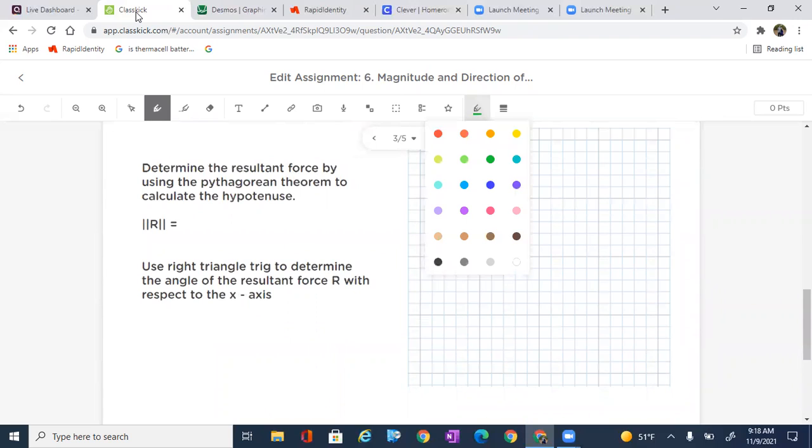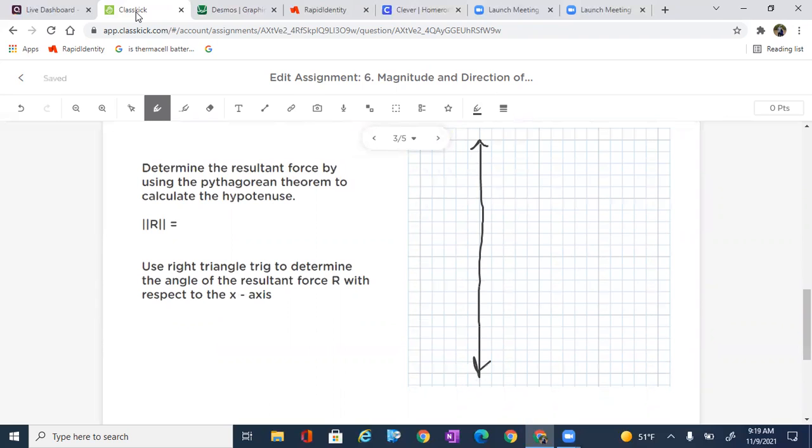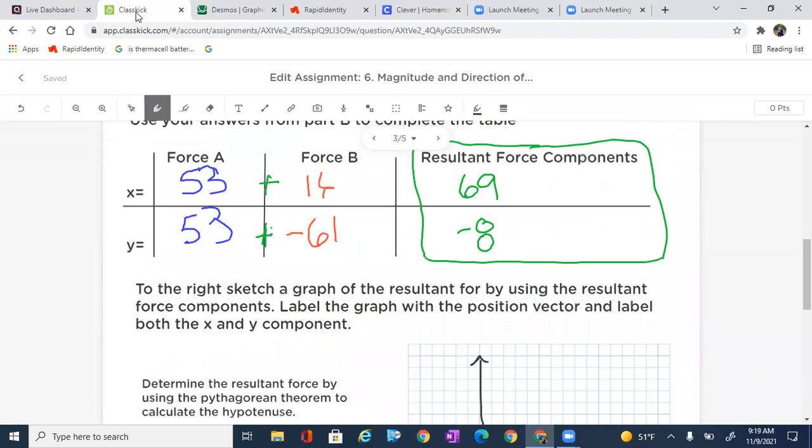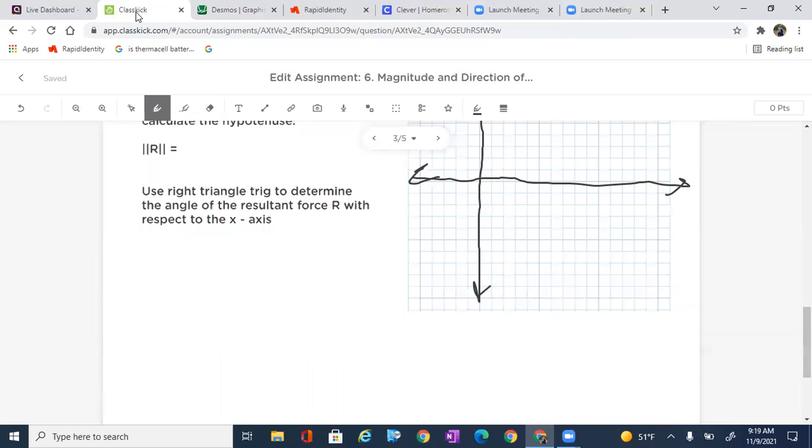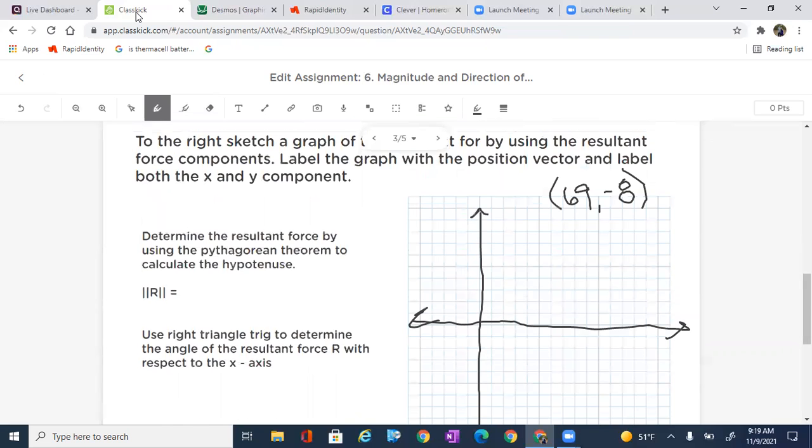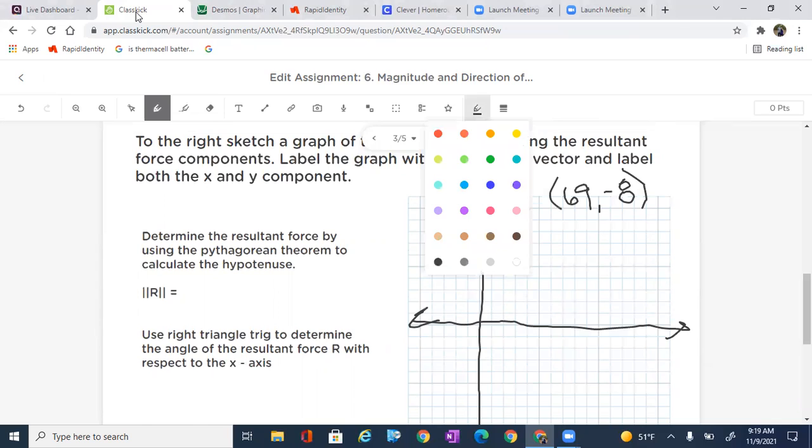So at this point I'm going to draw the y-axis, the x-axis. And we know that we're going to the point 69, negative 8. So that's all we're going to do, sketch that out. Let's maybe change the force color to green.